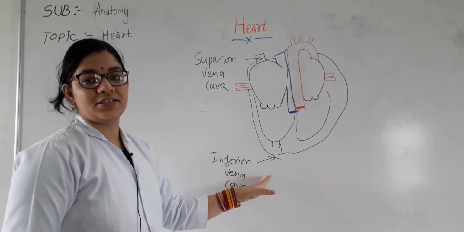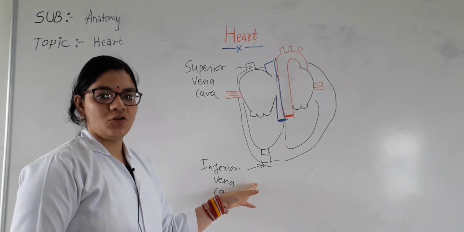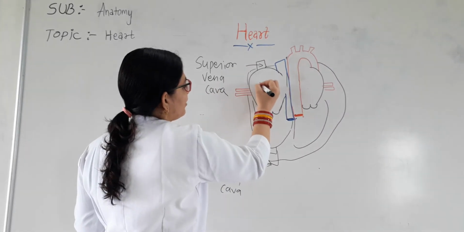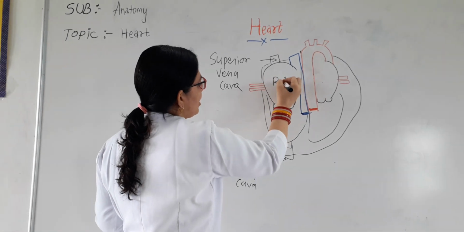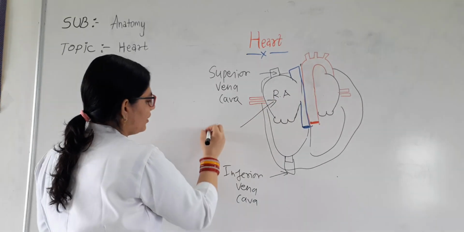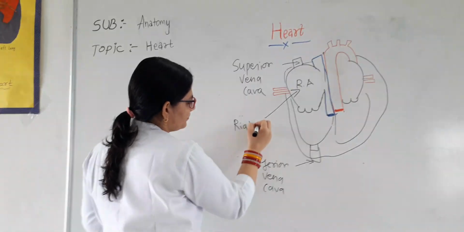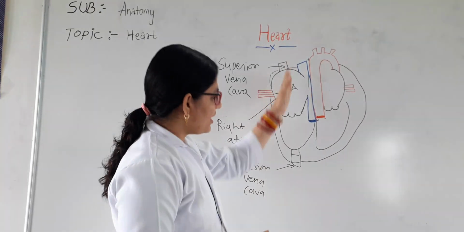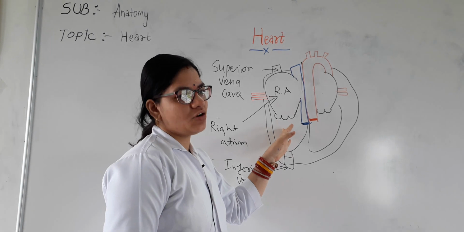It carries the deoxygenated blood from the lower body parts. This whole blood goes into the right atrium, which is the upper chamber. So this is the right atrium. The right side of the heart always carries deoxygenated blood.